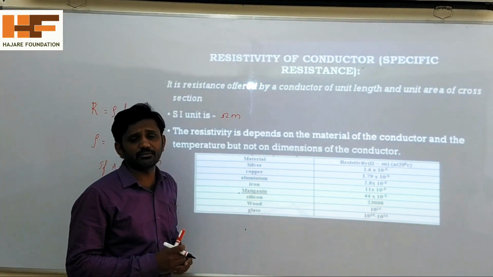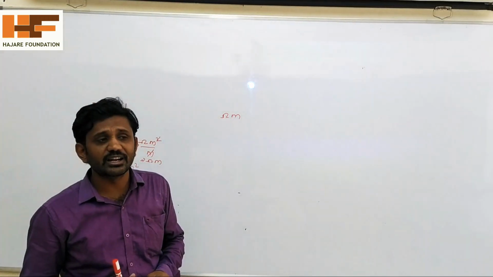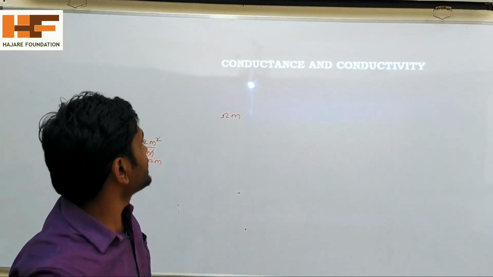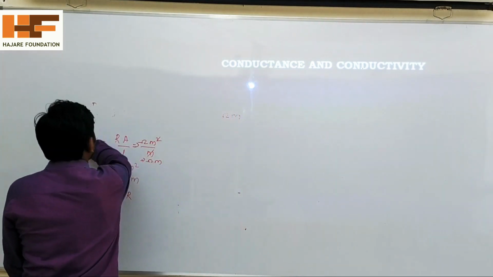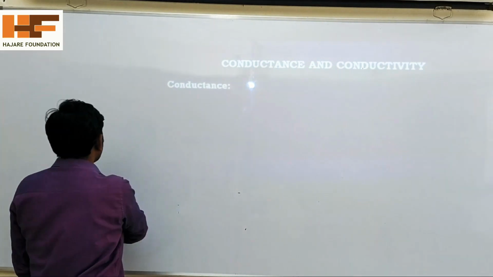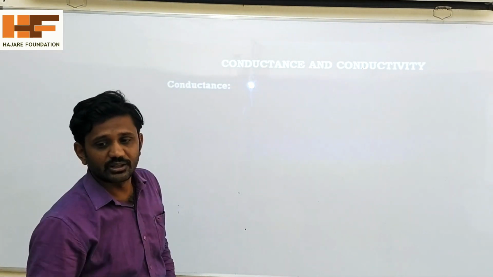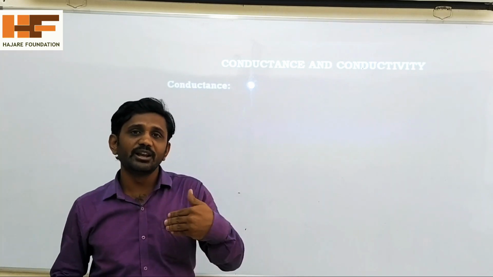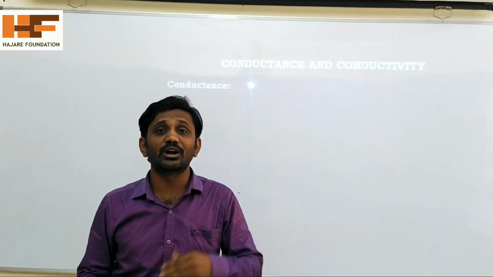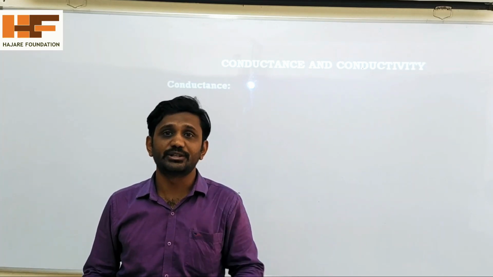We'll go to another concept, that is conductance and conductivity. First, conductance. What is meant by conductance? Conductance is the ability of a material or conductor to conduct electric current through it.